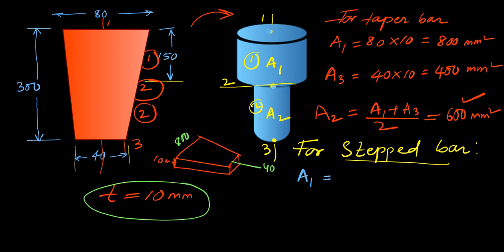So area at node 1 is 800 plus area at node 2, that is 600, because we are making these two a uniform. 800 plus 600 again by 2. So it will be 1400 by 2. So we got 700 millimeter square as the area here.